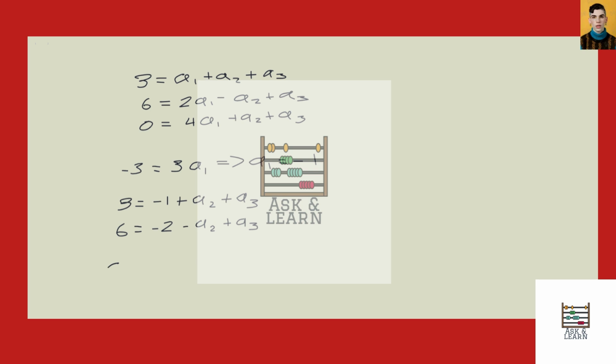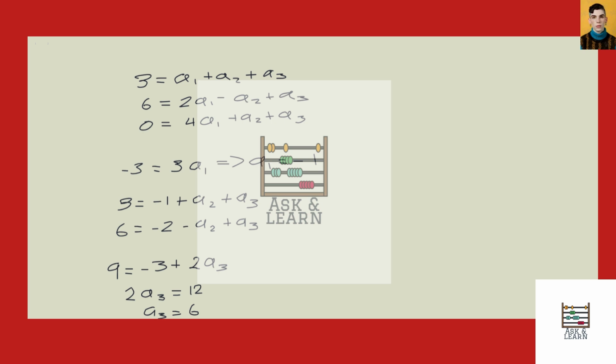So 6 plus 3 gives you 9, minus 2 minus 1 gives you minus 3, c sub 2 minus c sub 2 gives you 0, and we have plus 2c sub 3. Now moving 3 over to the other side, we have 2c sub 3 is equal to 9 plus 3, so that's 12, and c sub 3 gives you 6.